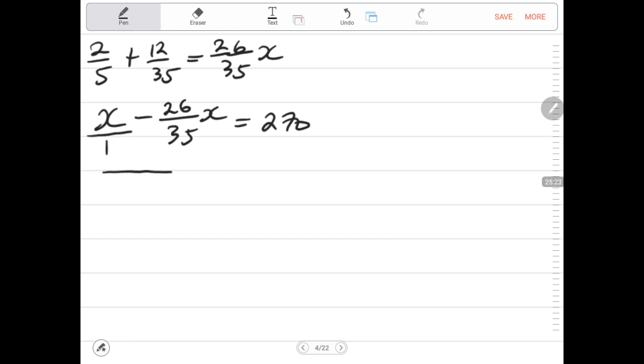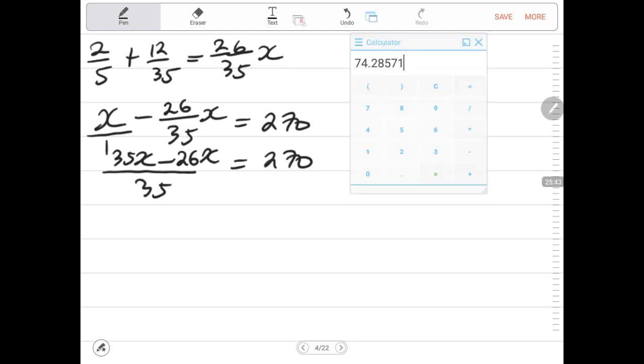We look for the common denominator, which is 35. 1 goes to 35, 35 times x, it will be 35x. Minus 35 goes to 35, once 1 times 26, it will give us 26x, is equal to 270.